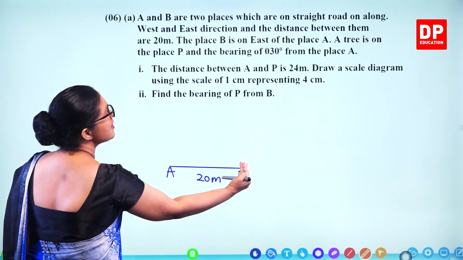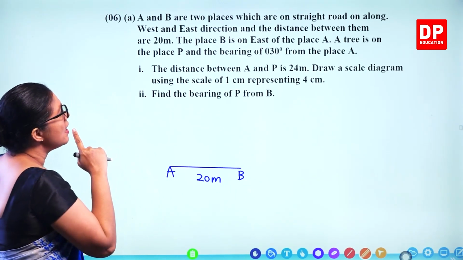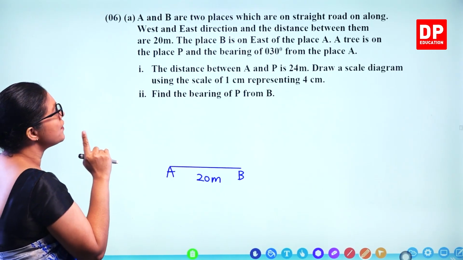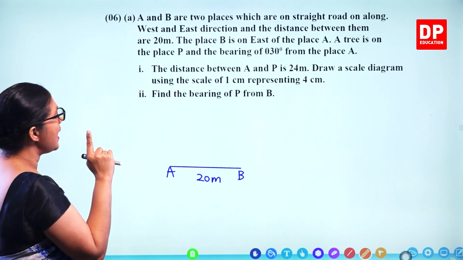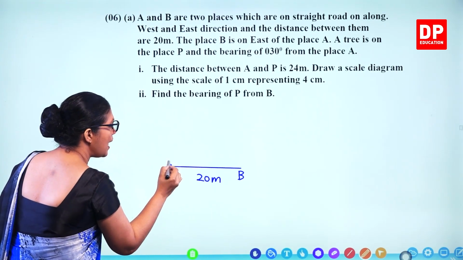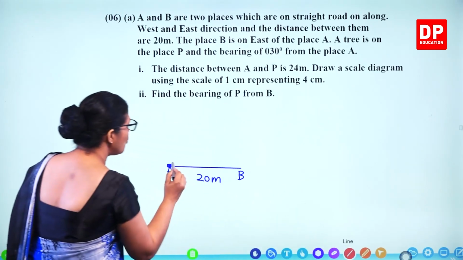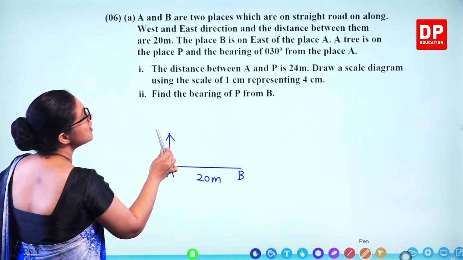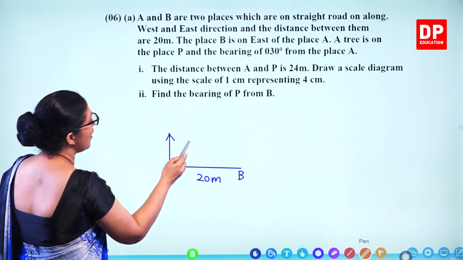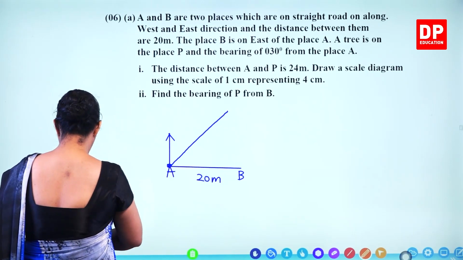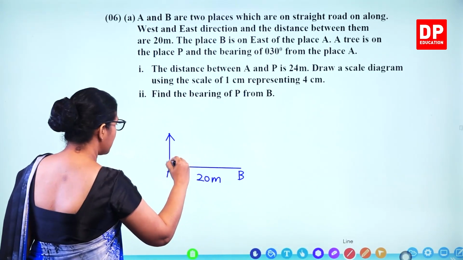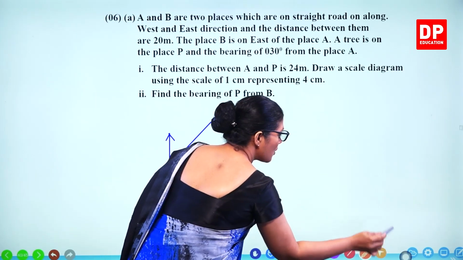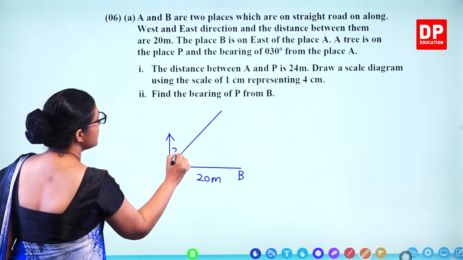B is on east from place A. A tree is on the place P and the bearing of 30 degrees from the place A. So from A, bearing is 30 means you draw the north line and from north 30 degrees clockwise. So 30 degrees clockwise. So somewhere here. So here 30 degrees is here.